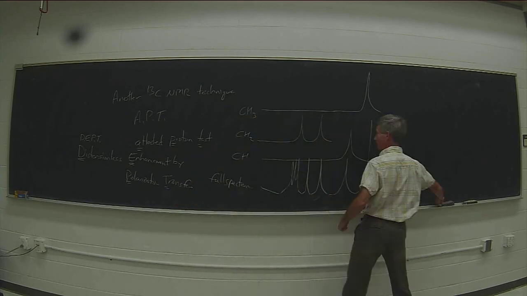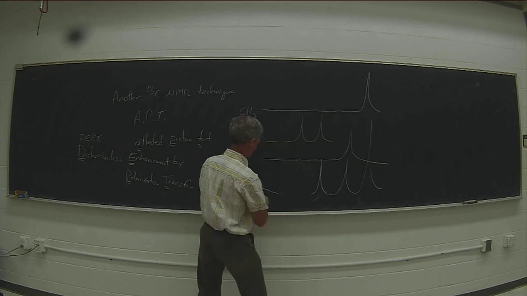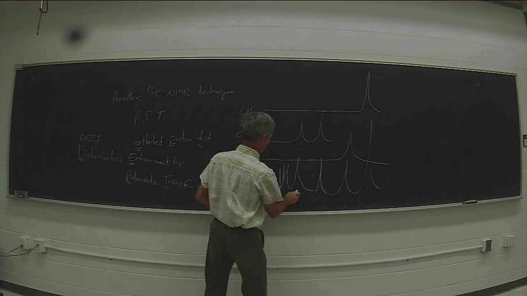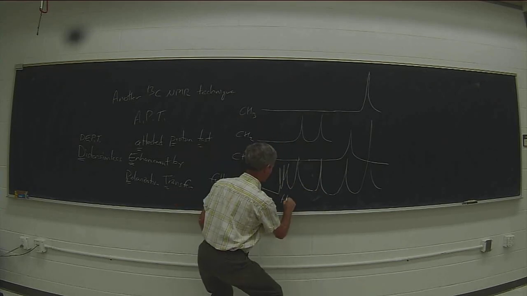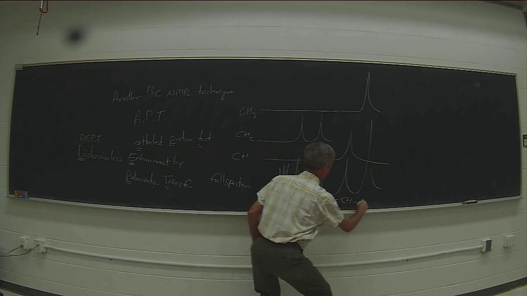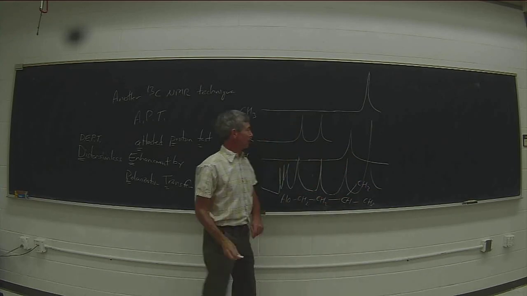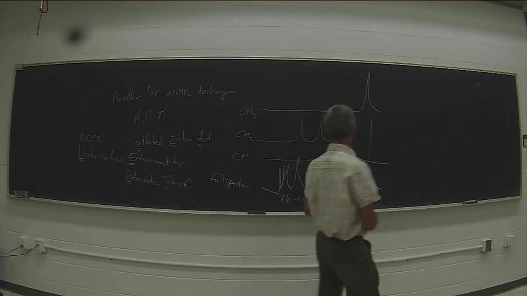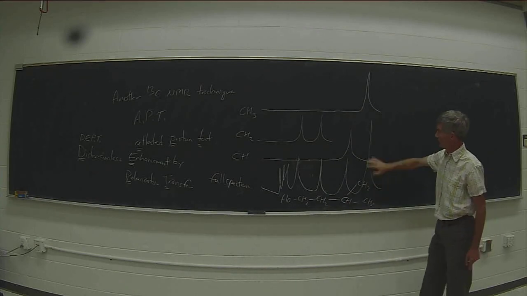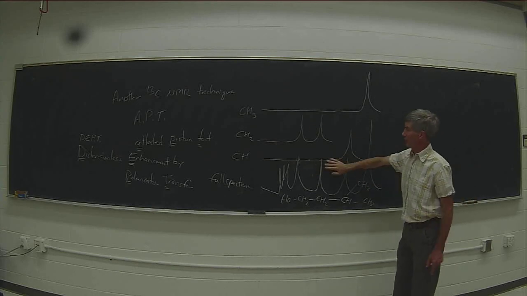I didn't get that to scale. See the triplet for the CDCl3, and then we see our CH2 next to that hydroxyl group. So this would allow us to determine that this peak here, the most upfield peak, is the 2 CH3s, this peak here is the CH, and then these 2 peaks here are the CH2.